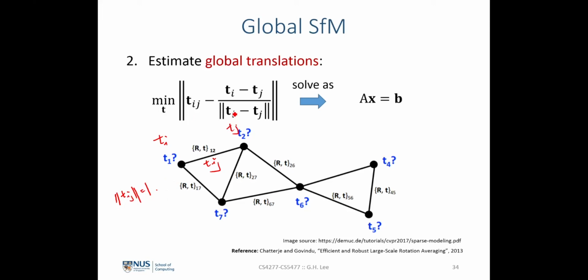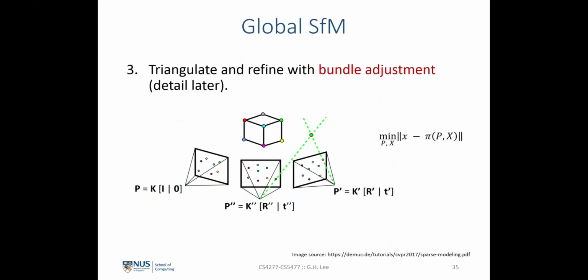Of course, we also have to normalize this Tij. We follow the same method as before, as we have seen earlier in our rotation matrix, and cast this into a least squares problem of Ax equals b, and we solve for x, which consists of all the unknown global translations.